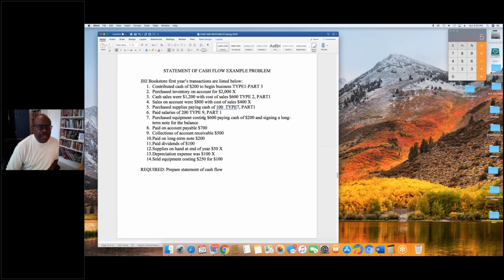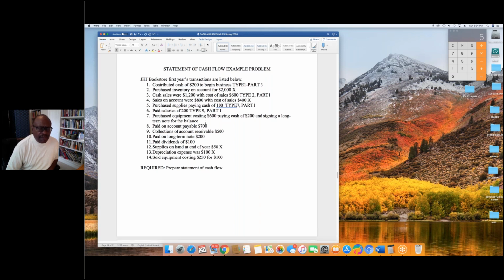Okay, so we have this one taken care of. Several types are involved here: purchase of an asset using cash, and purchase of an asset using debt.